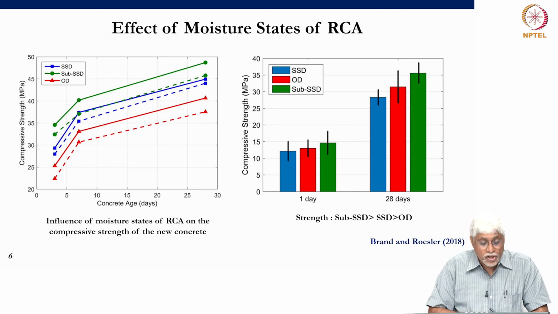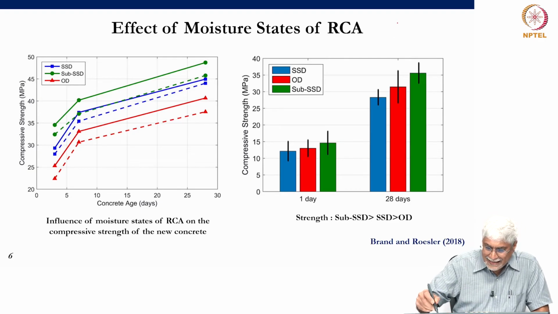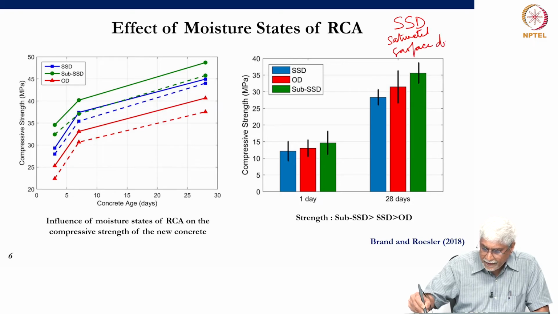What about the moisture condition? So here we are going to review what we call saturated surface dry. So what is called SSD. SSD in terms of aggregate is saturated surface dry.